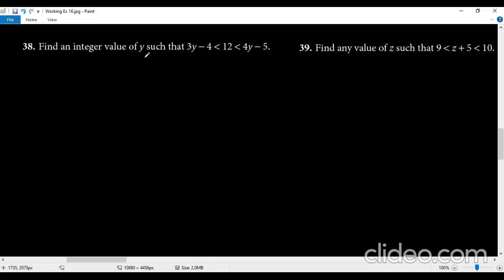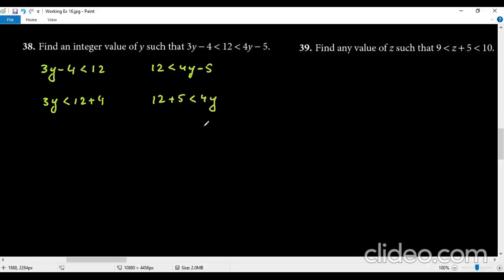Next question is 38, in which again we have two inequalities. Find an integer value of y such that this inequality becomes true: 3y minus 4 less than 12. And the second one is saying 12 less than 4y minus 5. We need to find an integer that can be placed in place of y to make both the inequalities true. So first it's going to be 3y less than 12 plus 4, and here 12 plus 5 less than 4y.